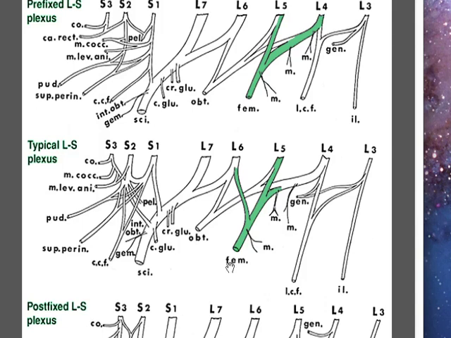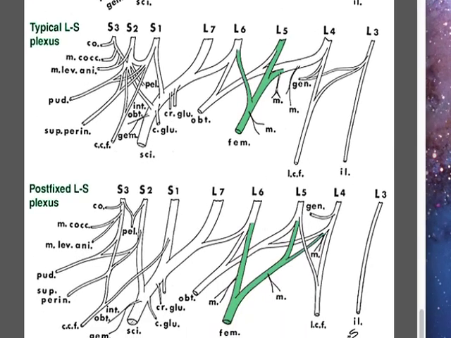For example, if we focus on the femoral nerve, we see that in a typical plexus it receives contributions from L6, L5, and L4. But in some cases where the plexus is regarded as prefixed, L4 contributes more to the femoral nerve, while L6 contributes less or none. In other cases, the opposite occurs.